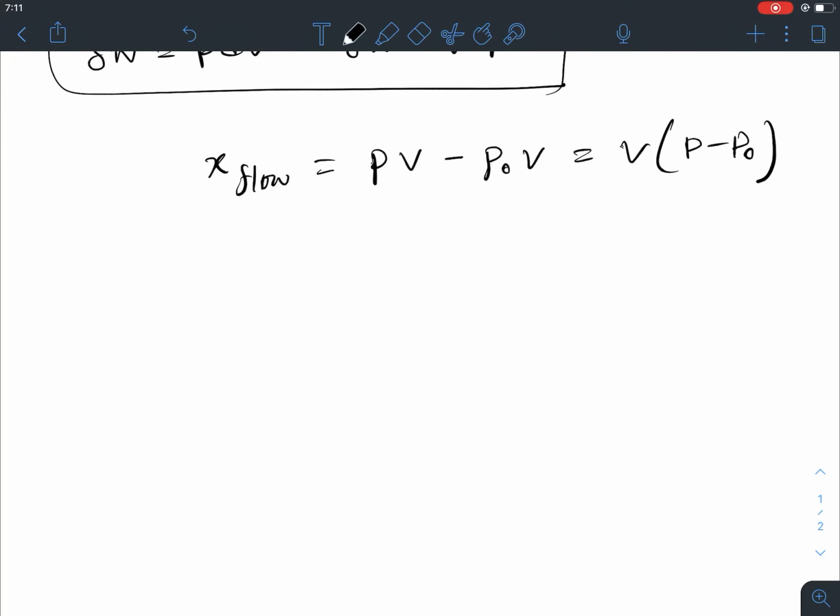Now we know X flow, the Exergy for a flowing stream, and in the last class we talked about the Exergy for a non-flow stream, that means a closed system.